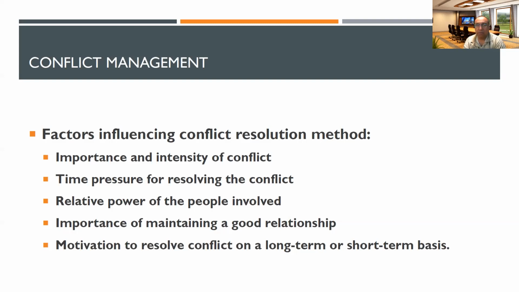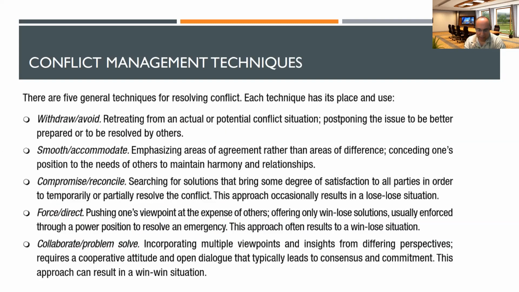So for conflict management, these are different techniques for how to reduce conflict, right? First of all is withdraw or avoid. If two people are not agreeing on something, and it comes to your notice, you retreat from it. You say, okay, let's postpone the issue. You don't solve anything. You say, we'll talk about this later. Right now, we need to talk about something else. Maybe then over time, sometimes, the conflict becomes better.